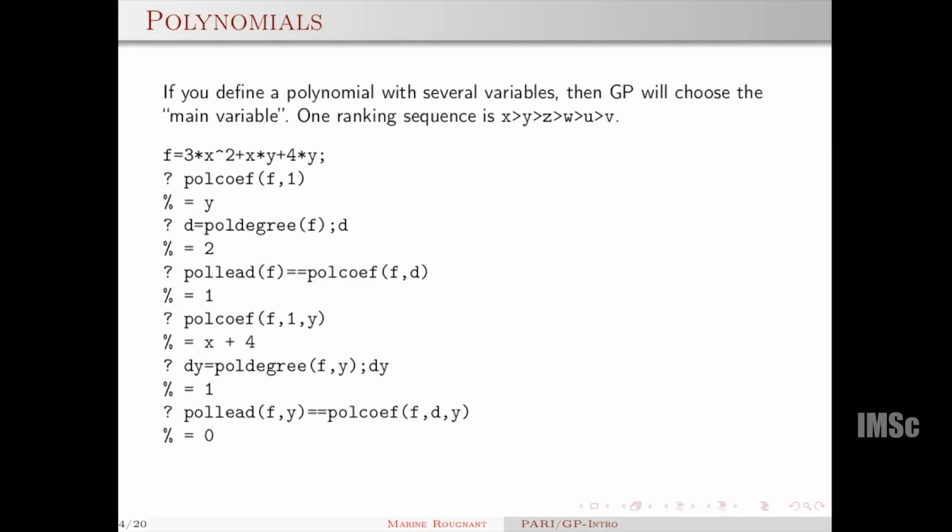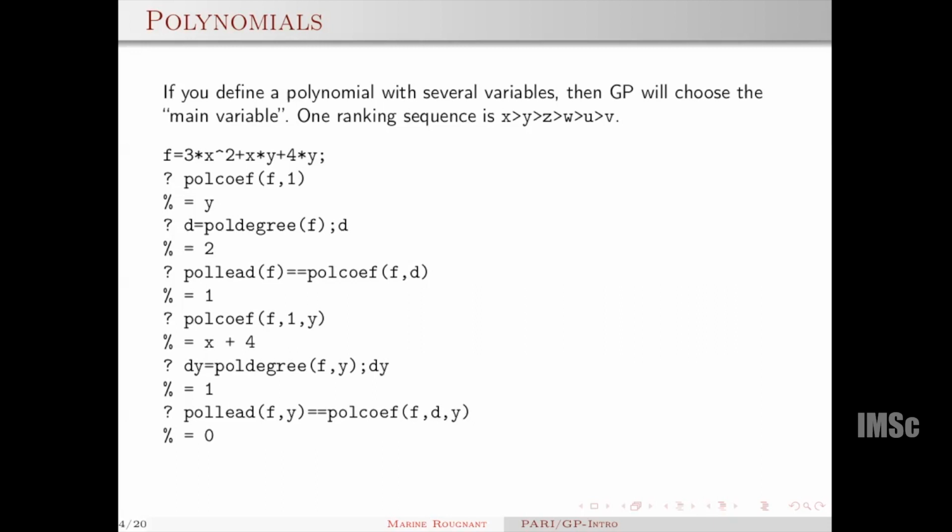So here, for this polynomial, if I ask for the coefficient of f of degree 1, it will take the coefficient of degree 1 in x. So here it's y. If I ask for the degree of the polynomial, it will give me the degree in x, which is p.